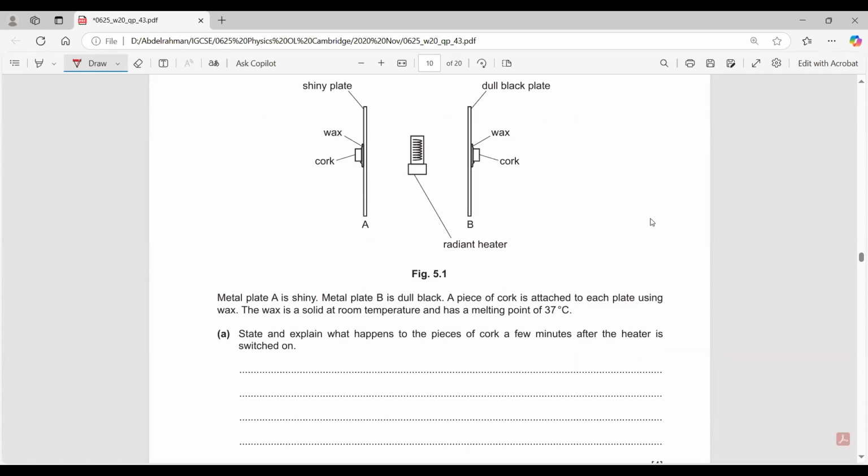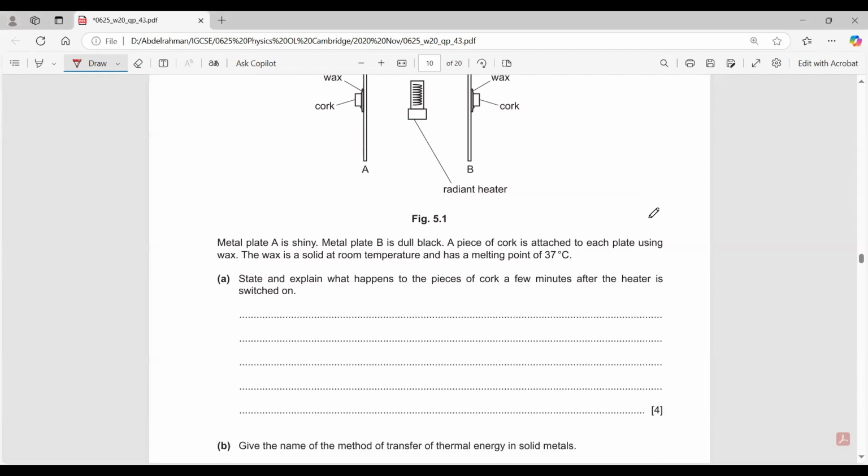Definitely the one on the dull black. Why? Because the dull black surfaces are better. Can you say emitters? Can you say that dull black surfaces are better emitters? No. Why? Because in this case they are absorbers. So we need to say that the cork on plate B falls before A. Why?